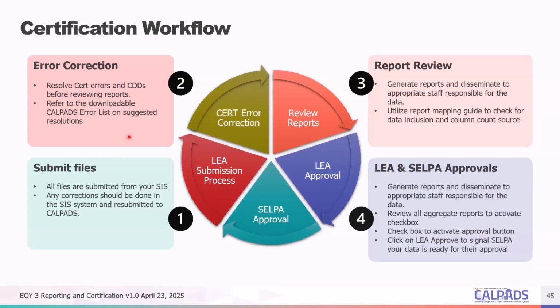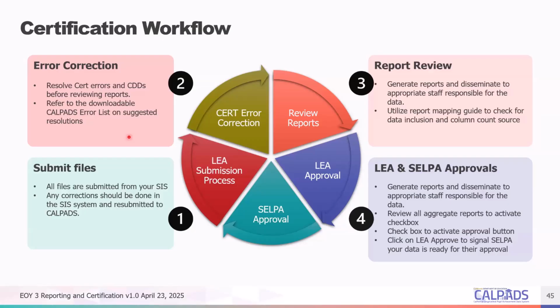So right now, since the snapshot is not running yet, we don't have CDDs in the system. So these are your certification errors as well as certification data discrepancy errors that you can see in your snapshot in the certification page.